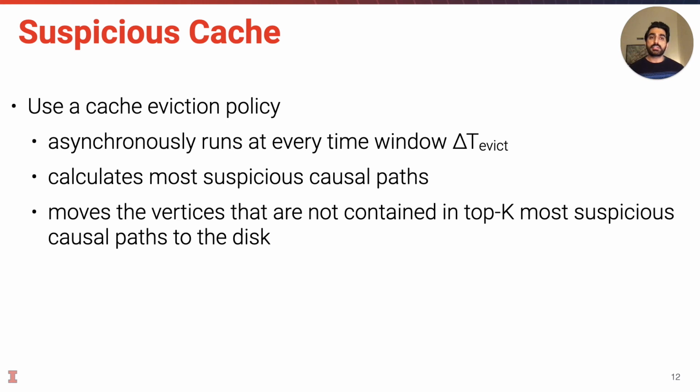At the end of this time window, Swift asynchronously runs an eviction algorithm to calculate the most suspicious causal paths and moves the segments of the causal graph that are not contained in the top k most suspicious paths to the disk. Since most of the attack-related causal graphs remain in the main memory at the end of the eviction process, this enables Swift to construct causal graphs quickly by reading most of the data from the main memory.